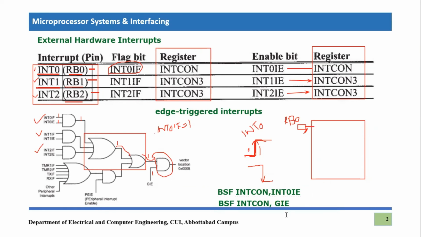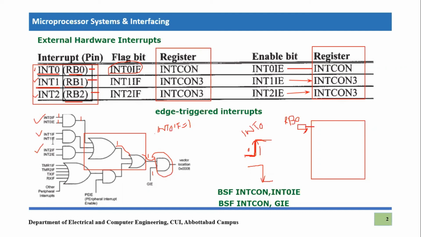So by the use of these two instructions, now whenever a positive edge triggered transition happens on this RB0 bit or interrupt 0 pin, then this flag will notify the vector location, or interrupt vector table, which will let the microcontroller know that an interrupt has arrived and you have to serve it. So this is the way you can configure interrupt 0.